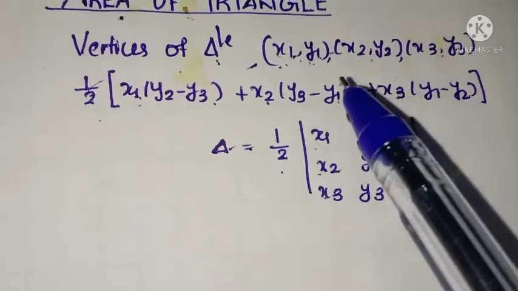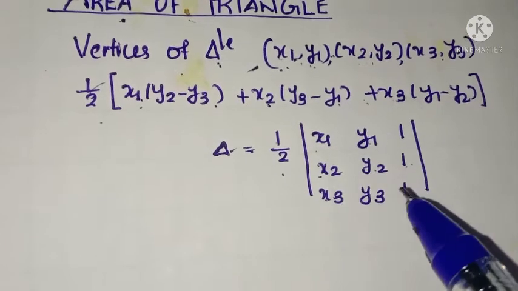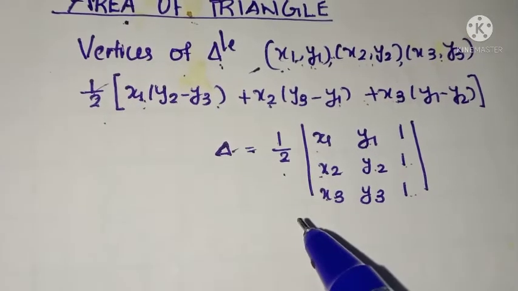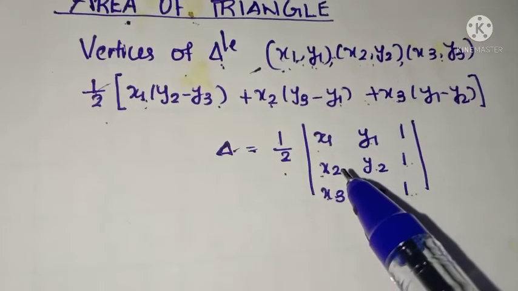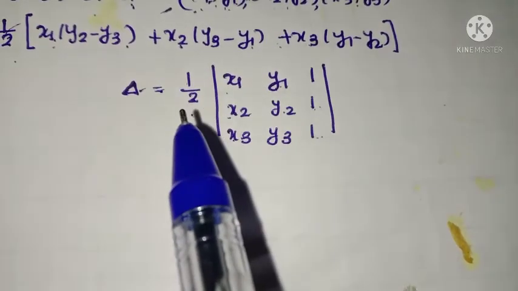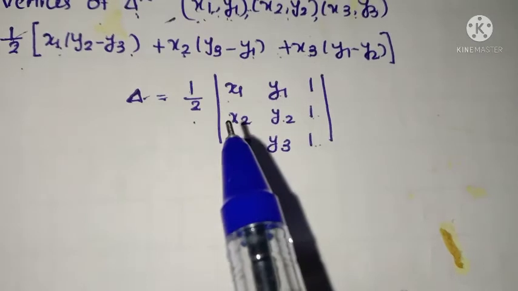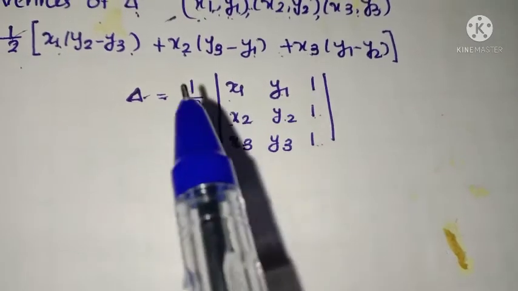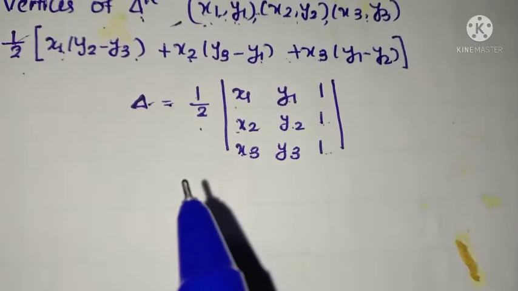Since area is a positive quantity, we always take the absolute value of the determinant. If the area is given in the question, use both the positive and negative values of this determinant for calculation.